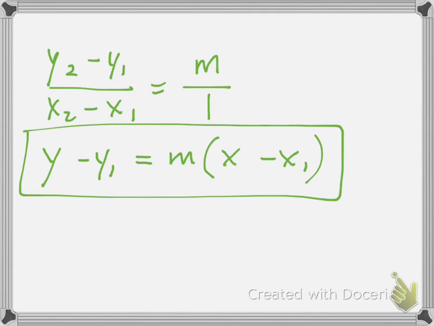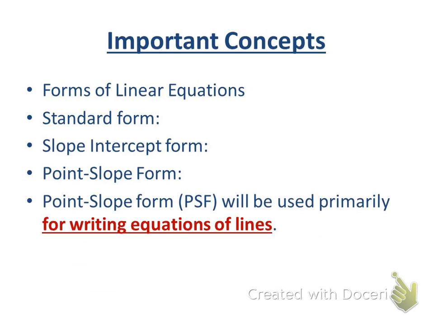Now, the fact that we just mentioned in the previous slide is that the point slope form will primarily be used for writing equations of lines. We can use any of the linear forms to write the equation of a line, including the standard form. I show my college algebra students there's a slick way to write equations of lines with the standard form, it's really pretty smooth.